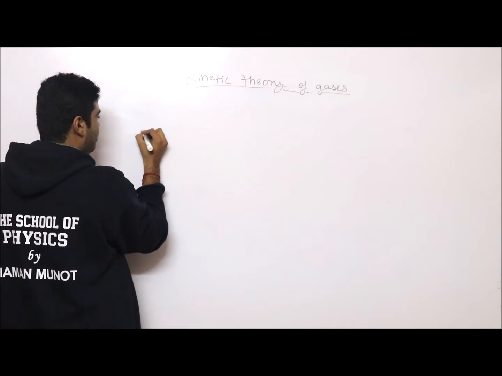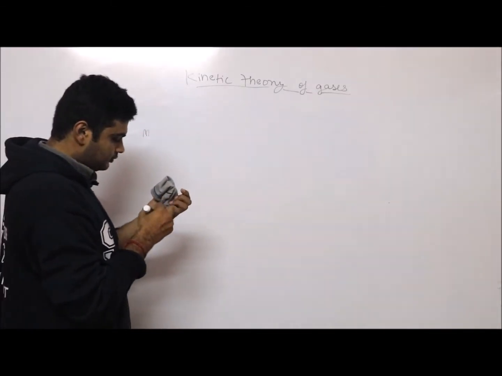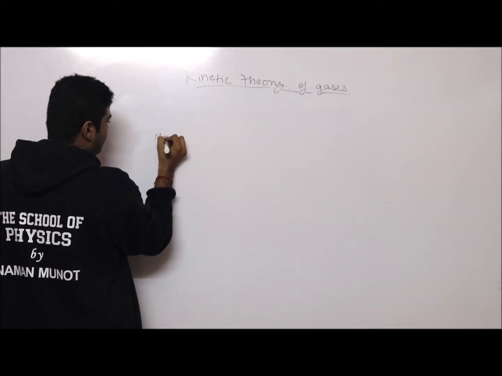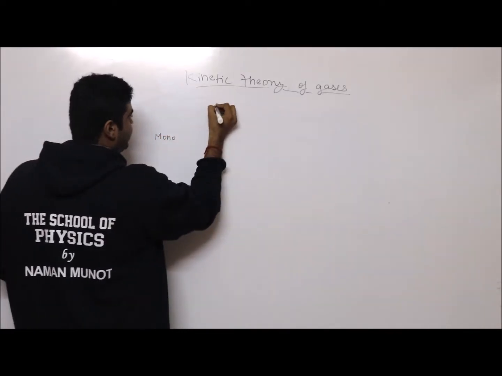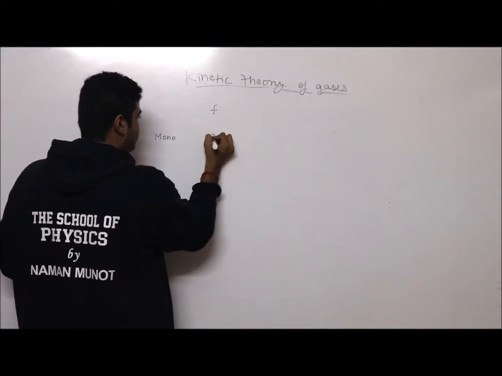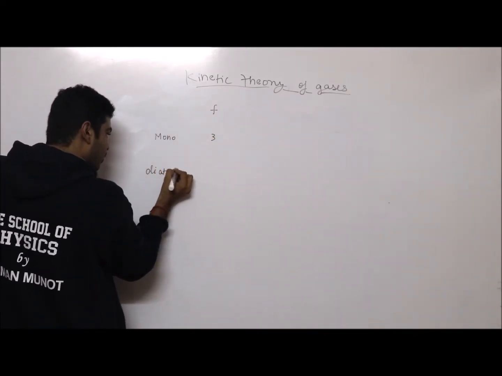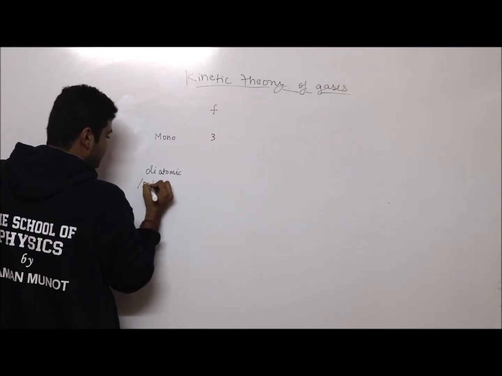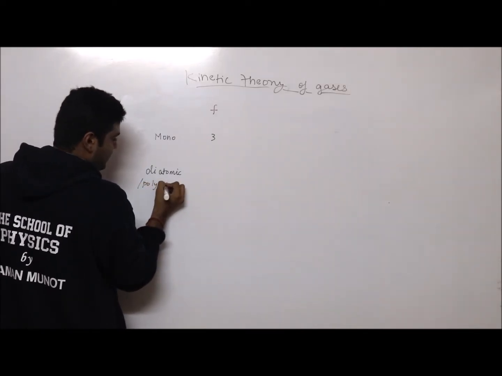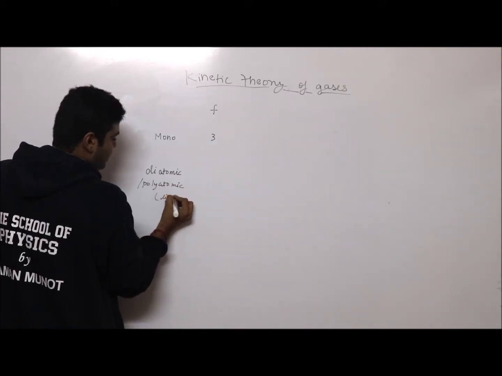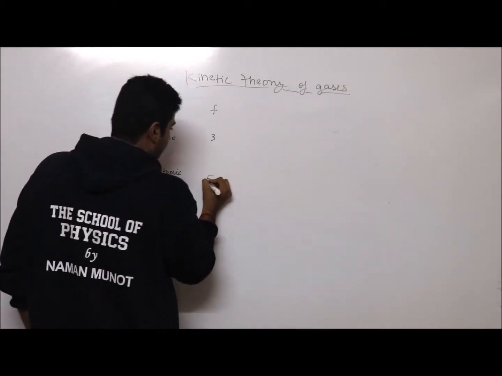Monatomic. So for monatomic, the degree of freedom is 3. For diatomic or polyatomic, linear, mind this word, linear, the degree of freedom is 5.